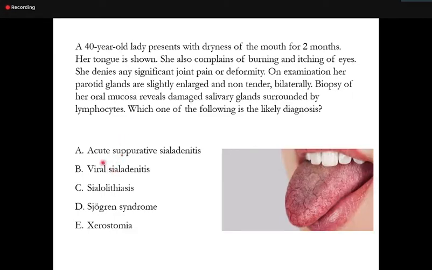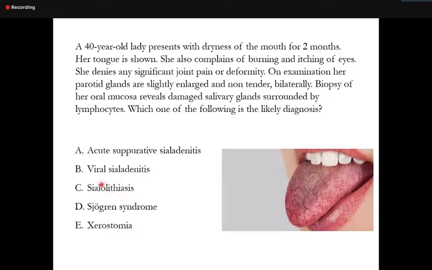Now, why not A? Why not acute suppurative sialadenitis? It will be tender and it will be of short duration. When it is acute, it will not be for 2 months and it will be tender. A viral sialadenitis again, it can be for a few days.